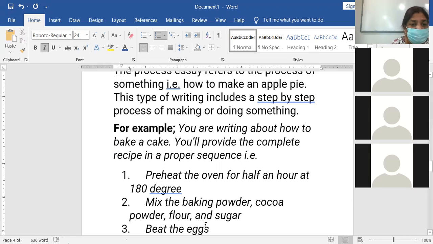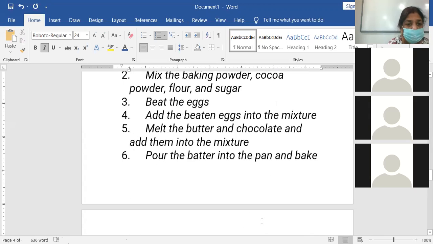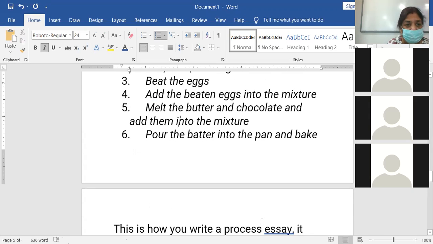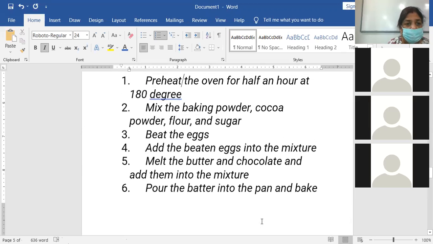For example, preheat the oven for half an hour at 180 degrees. Number 2, mix the baking powder, cocoa powder, flour, and sugar. Beat the eggs, add the beaten eggs into the mixture, melt the butter and chocolate, and add them into the mixture.